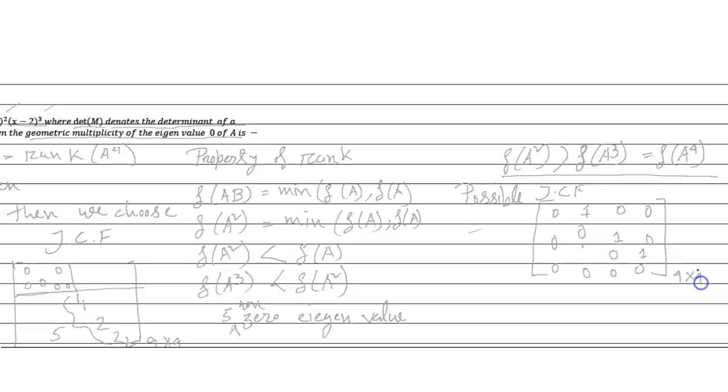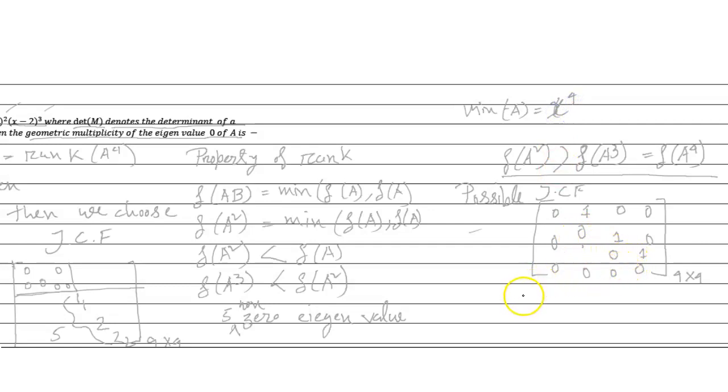Suppose my possible Jordan block is 4 cross 4, then my minimal polynomial of A is equal to x to the power 4, my possible minimal polynomial.